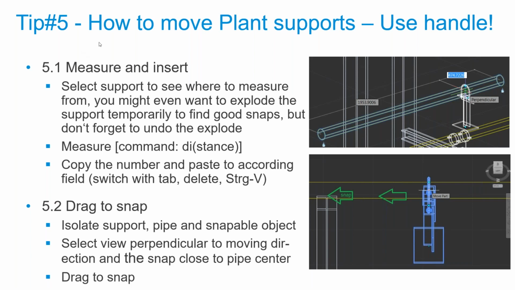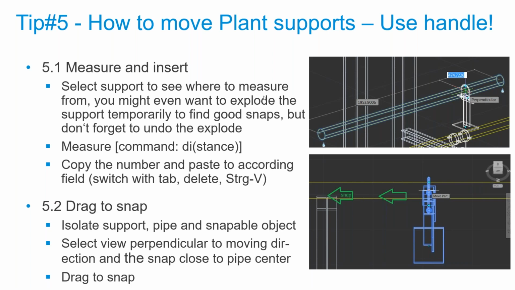The first thing is about positioning supports in Plon3D. Usually, and that's how it's built up, you just put them on the pipe and then you move them where you want them to be. But sometimes you want to use them in a different way.